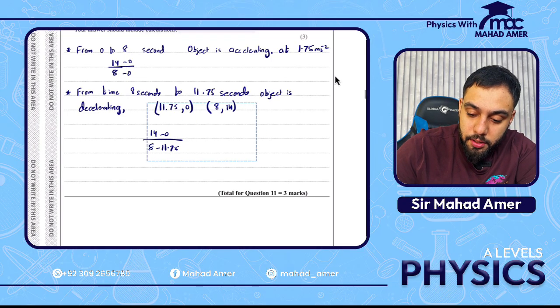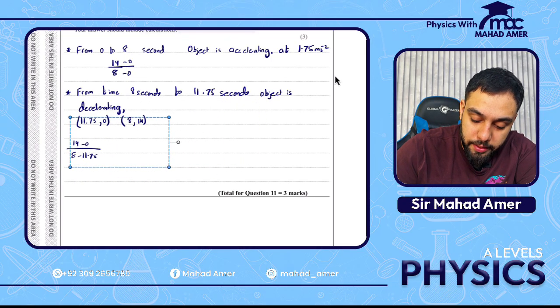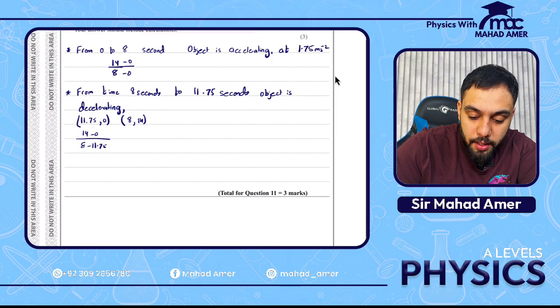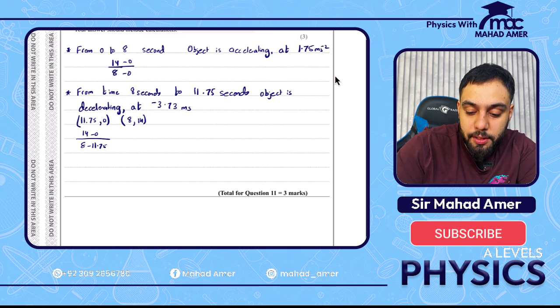decelerating. Write this calculation somewhere in the corner so that the examiner can see that, at negative 3.73 meters per second square.